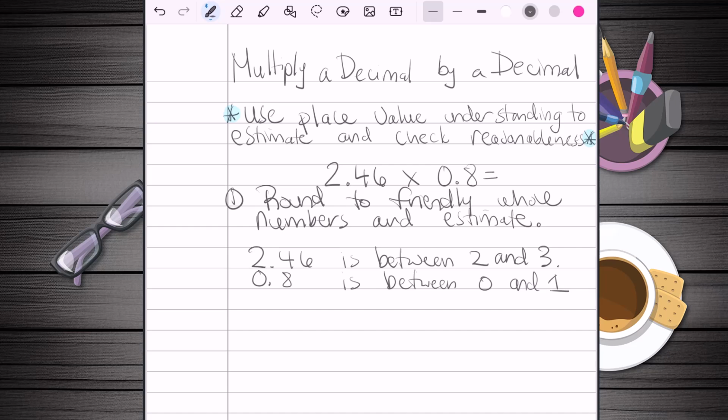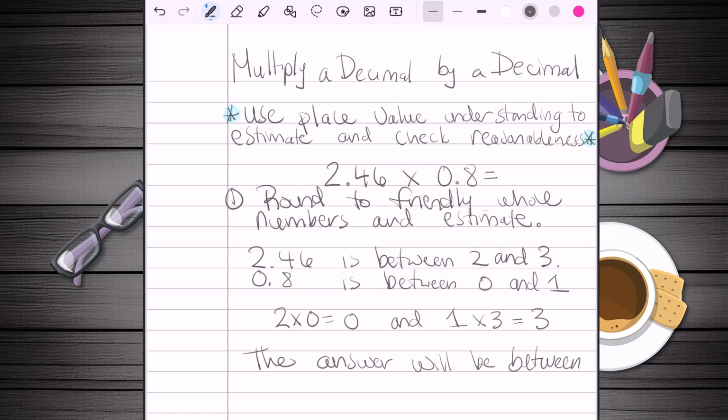So I'm going to use those numbers to multiply. First, I'm going to multiply 2 times 0. If we rounded 2 and 46 hundredths down, 2 times 0 is 0. And then I'm going to multiply 3 times 1. And 3 times 1 equals 3. Now, what that tells us is that the answer is going to be between 0 and 3.